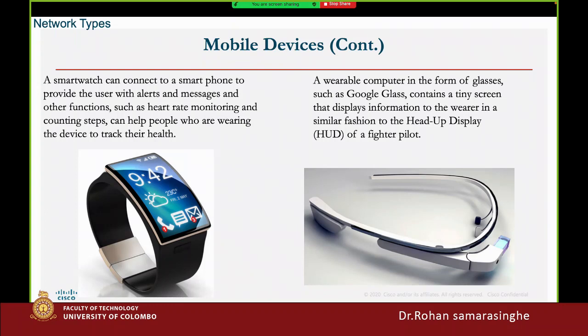There is also the wearable computer in the form of glasses, such as Google Glass, which is available in the market. It contains a tiny screen that displays information in a smaller fashion, like the head-up display of fighter flights. Likewise, you can have several devices.